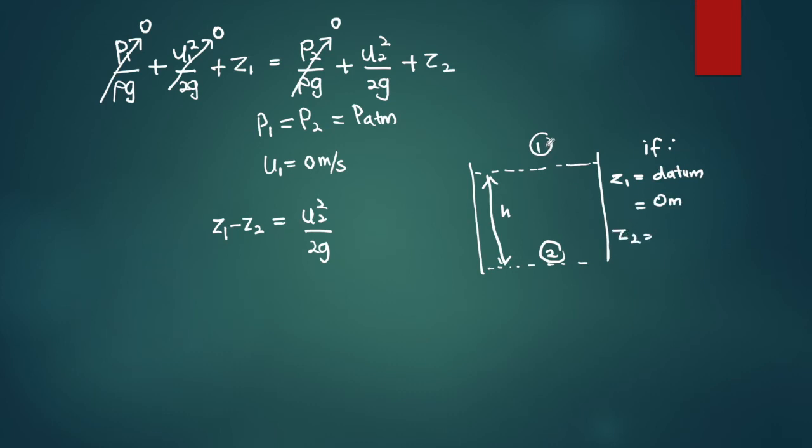If you choose point number 1 as a datum, take a look at point number 2. Point number 2 is H meter below point number 1. Therefore, since it is below number 1, you have to put negative H meter.